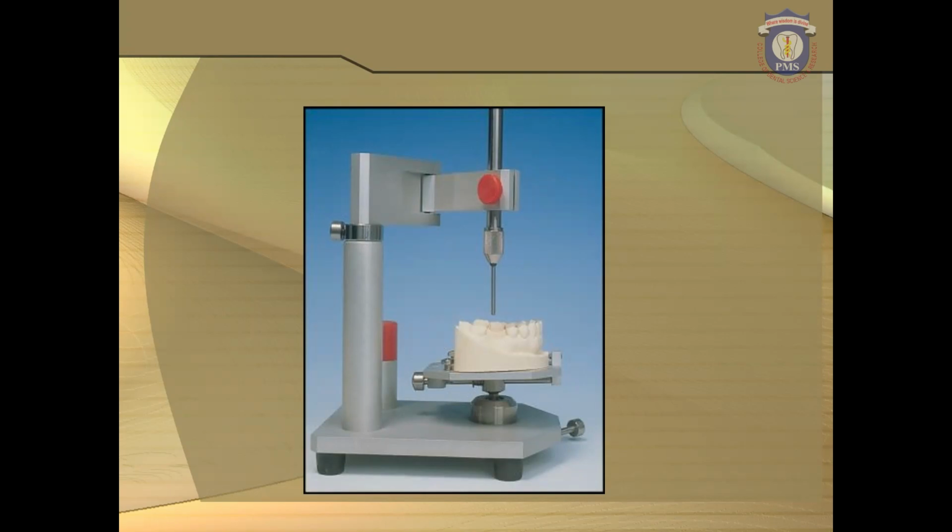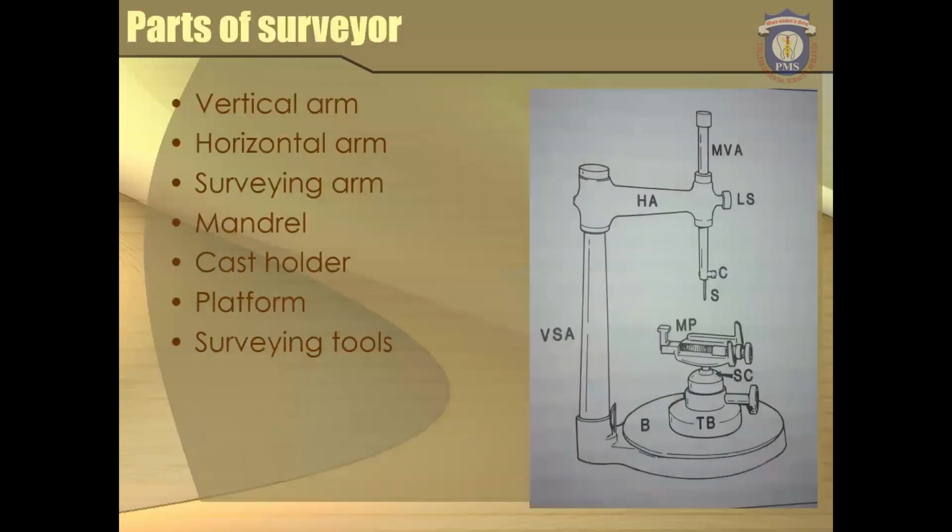Now we'll see the different parts of the surveyor. As you can see in this diagrammatic representation of the dental surveyor, this is the vertical arm. This horizontal part is the horizontal arm. This portion is known as the surveying arm.